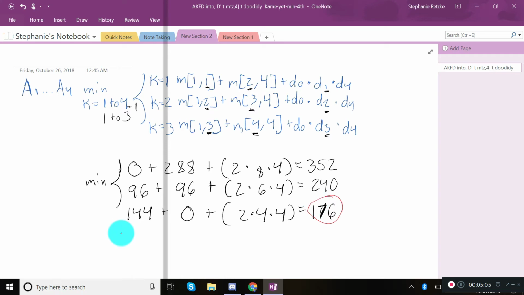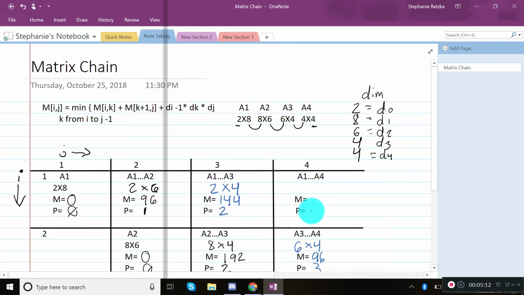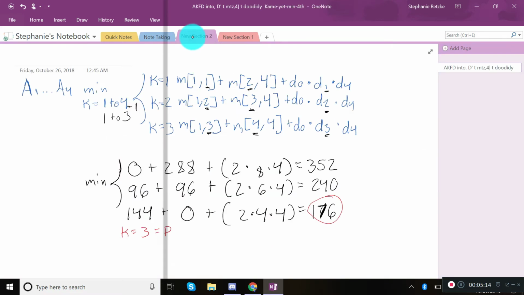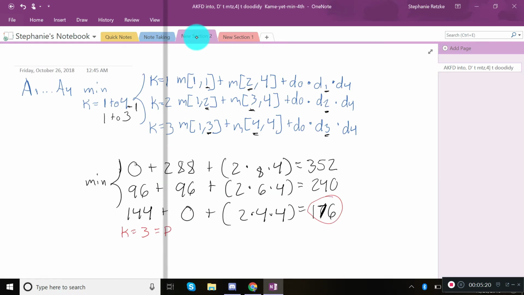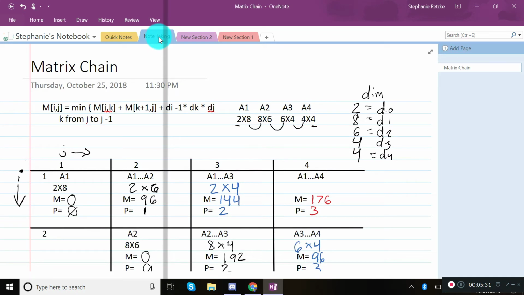At 176, k is equal to 3, so that is what our p is going to equal, 3. I just said 176 was our m value, and then we're just going to look at m13. M13, I don't have them memorized, is 2 by 4.